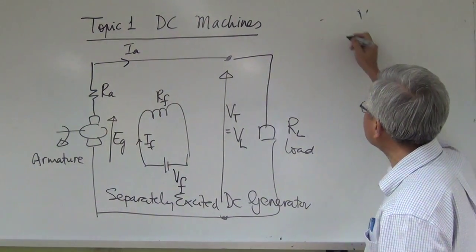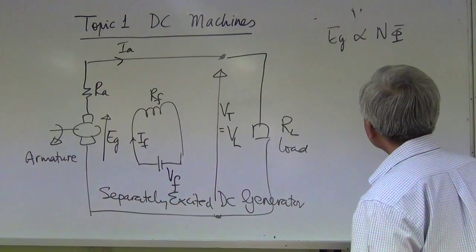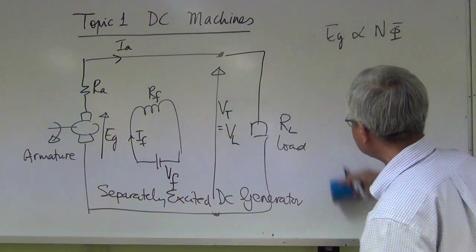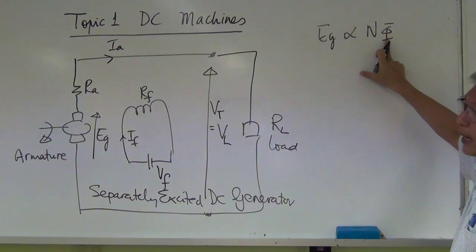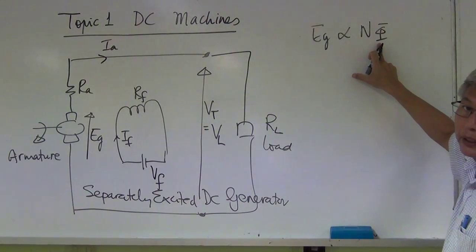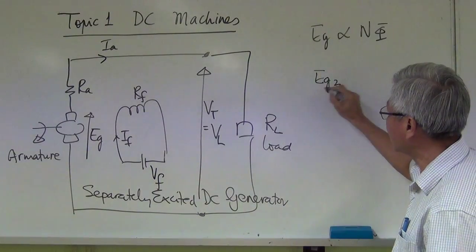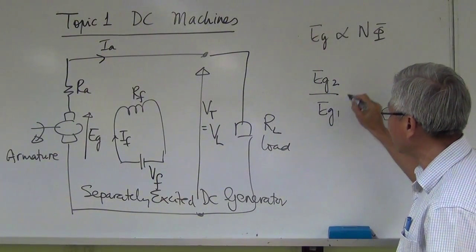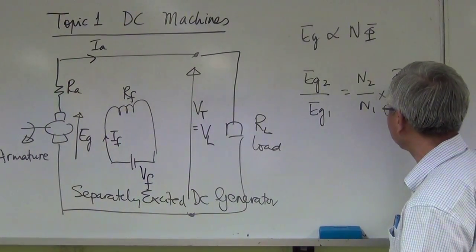So that's why EG is proportional to N flux, meaning the generated voltage is proportional to speed as well as the magnetic flux. This is the symbol for magnetic flux. So you can derive this into the equation Eg2 over Eg1 equal to N2 over N1, flux 2 over flux 1.